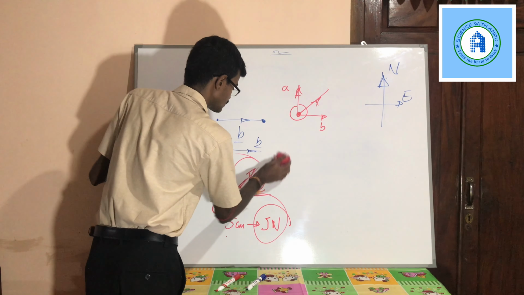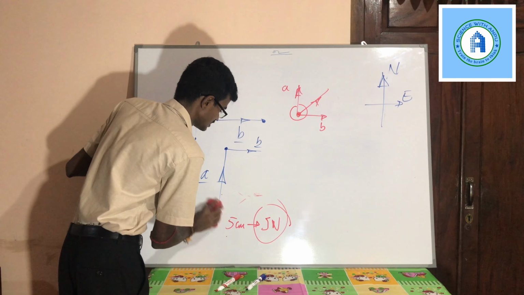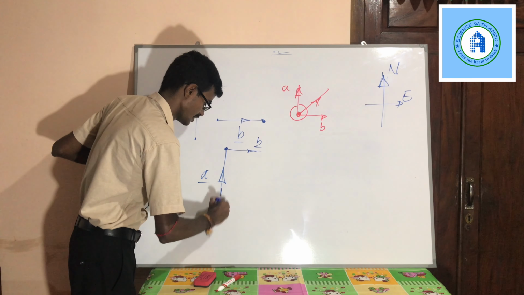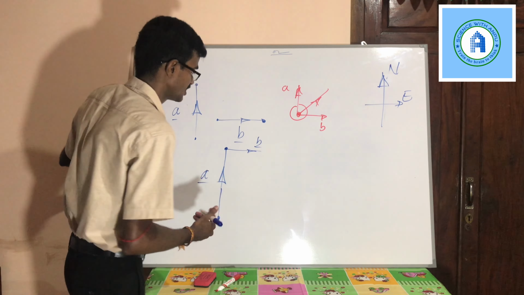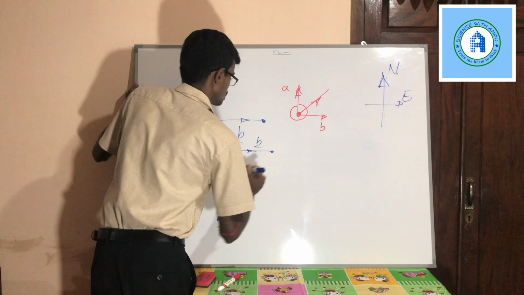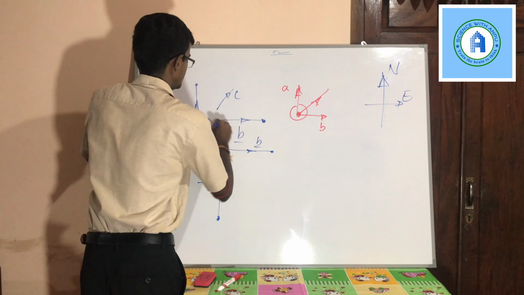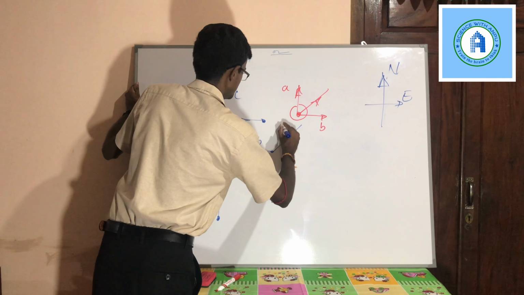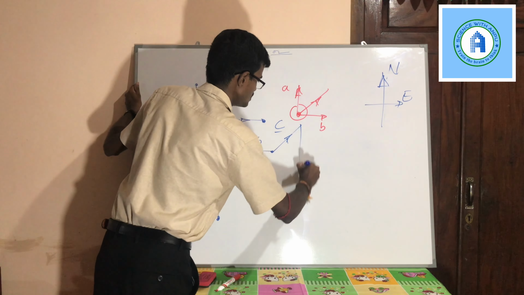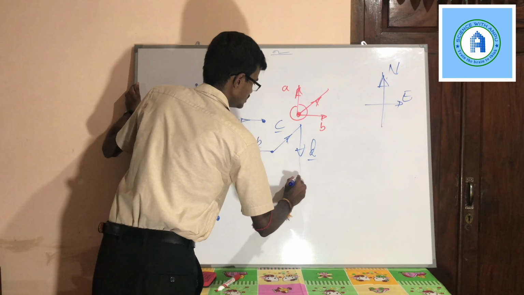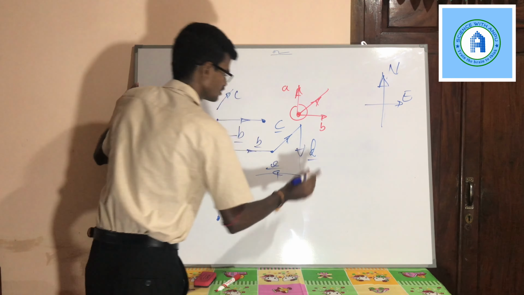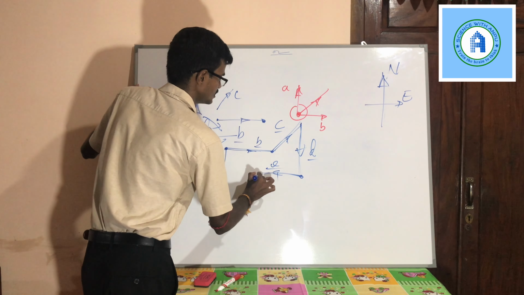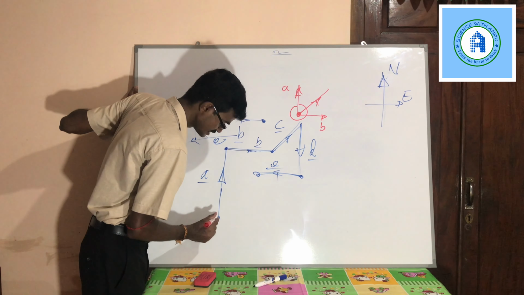Okay students, this is not only for 2 vectors. As I mentioned before, we can do this method for multiple vectors. If there is any C, D, E, whatever, I can draw C, D, E, and we can continuously draw all the vectors. Finally, what is the resultant?